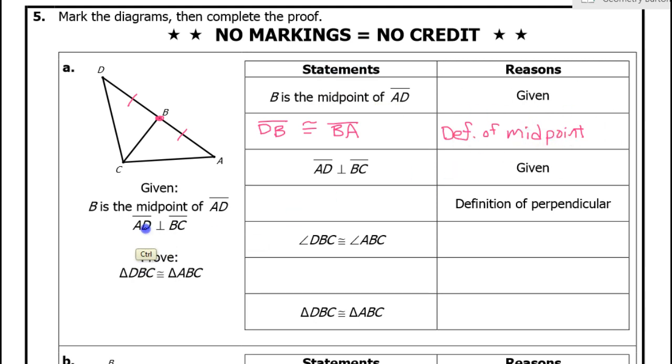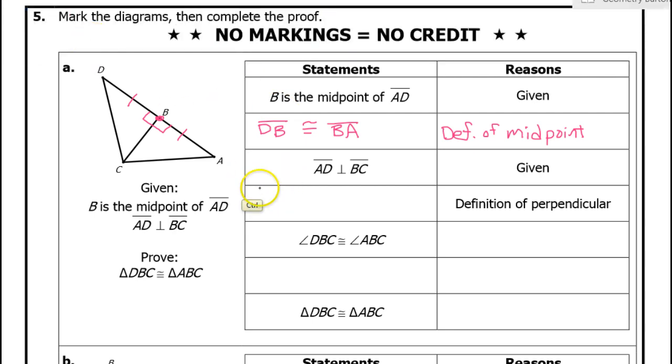Then we have the given that AD is perpendicular to BC. So that means this segment is perpendicular to this segment, which means that these are 90-degree angles right here. And that's what we write. When we have perpendicular, the next thing we say is, oh, look, this angle and this angle are right angles. So we will say angle, let's call it DBC. You know what? I better leave more space.